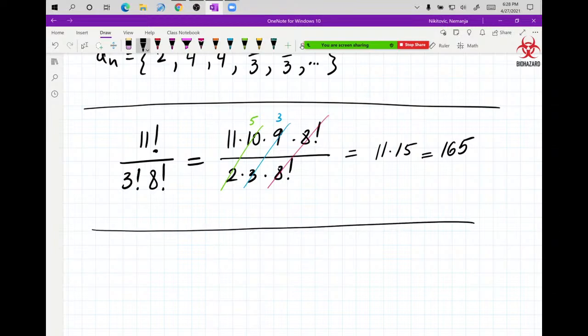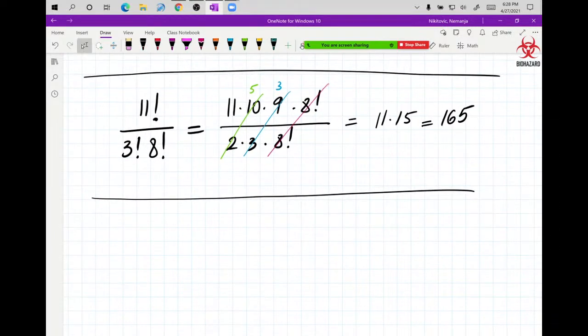It is fairly simple. Let me see if they have more of these in the homework to simplify. Simplify factorials anywhere. Yes.